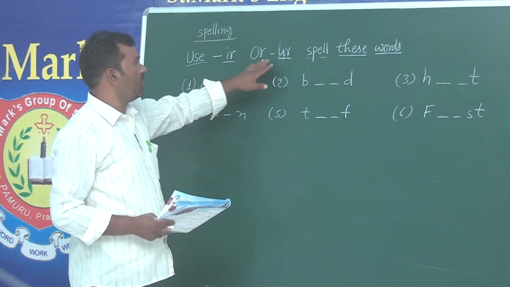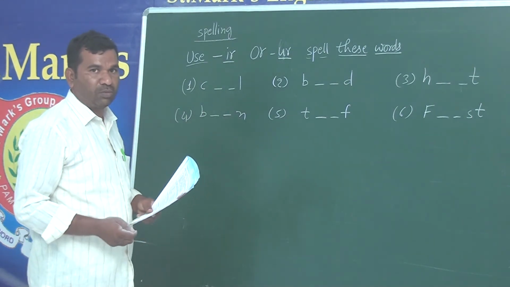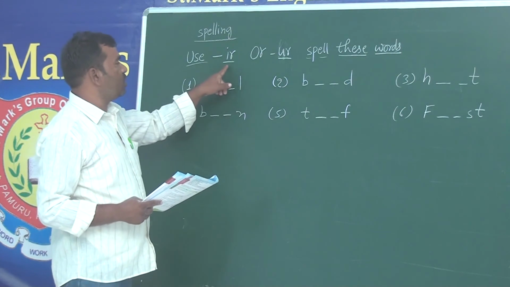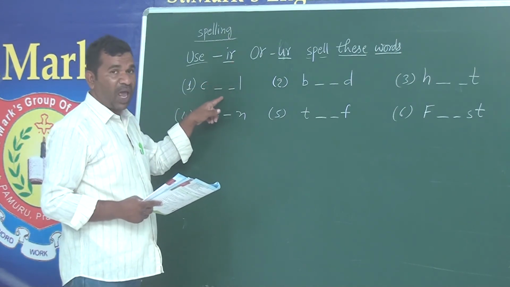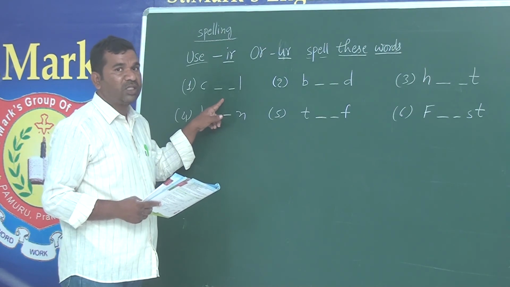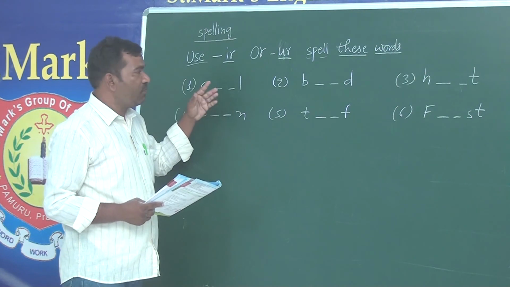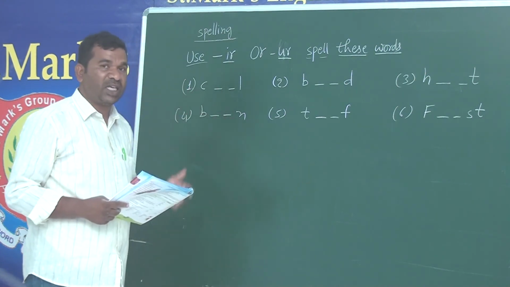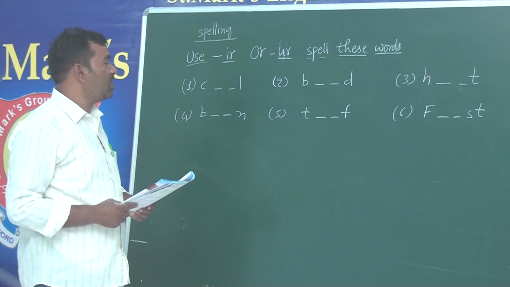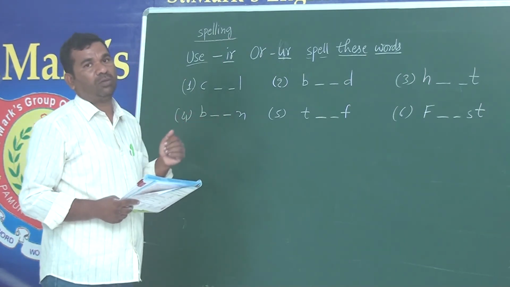And you must ensure that whatever you use to fill these blanks must make sense. They must give us meaning. If they don't give any sense, then your selection is wrong.